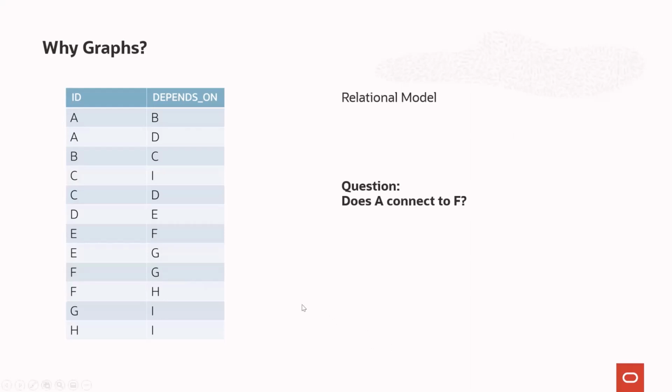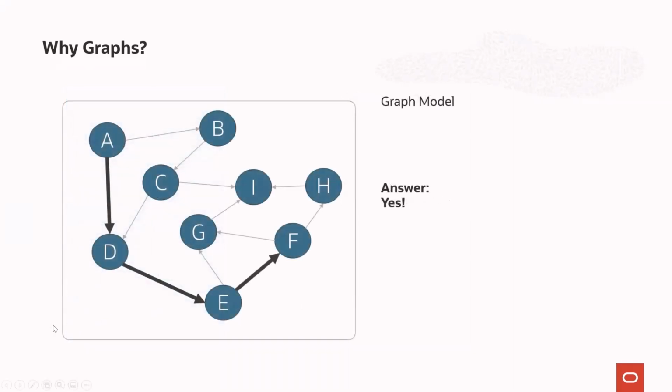It's not easy. It's not immediately evident what the answer is. But if we model the data as a graph, we can instantly see that A is connected to F. By traversing these explicit connections or links, starting from A to D to E to F, we can easily see that A and F are connected.